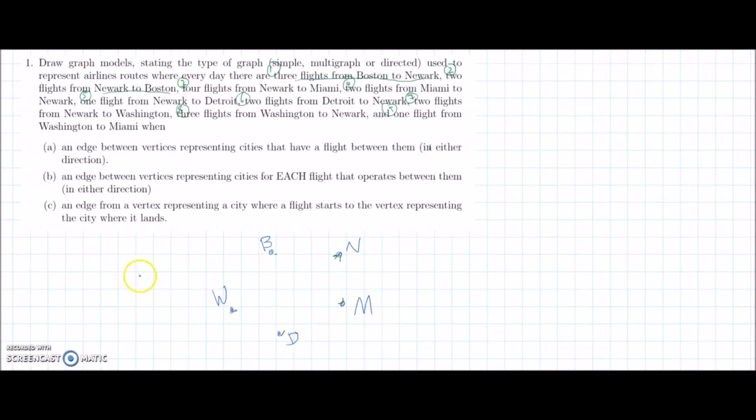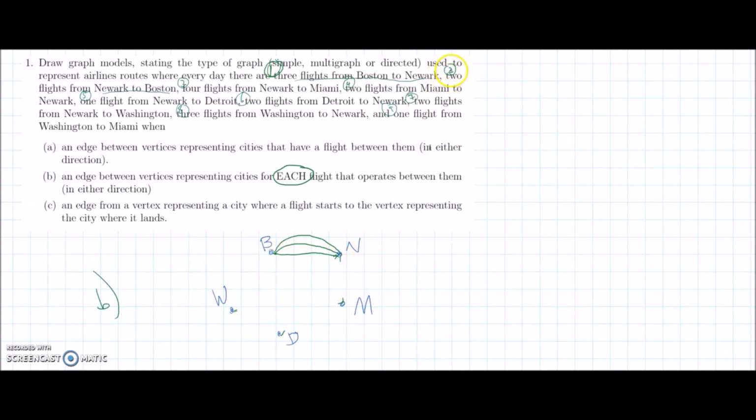And now we're going to consider part B. Now I draw an edge between vertices representing cities for each flight. So for each individual flight in either direction, I'm going to have an edge. Looking here at number 1 again, there are 3 flights from Boston to Newark. 1, 2, 3 flights from Boston to Newark.